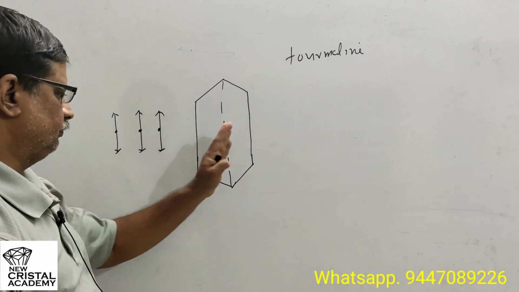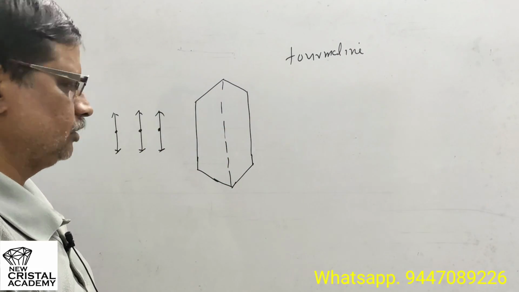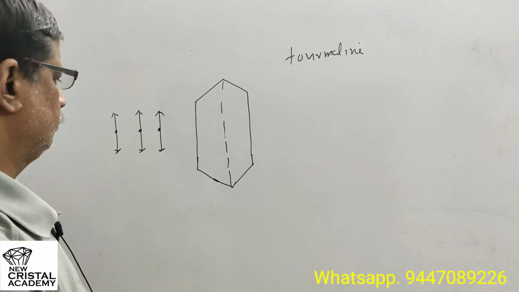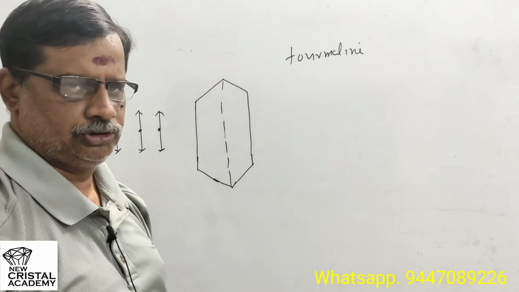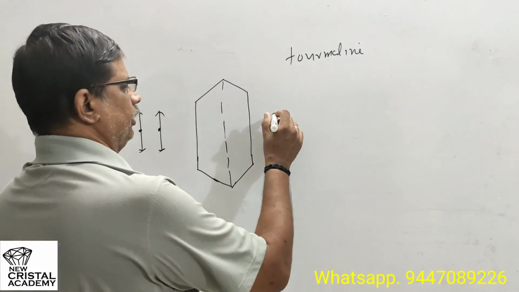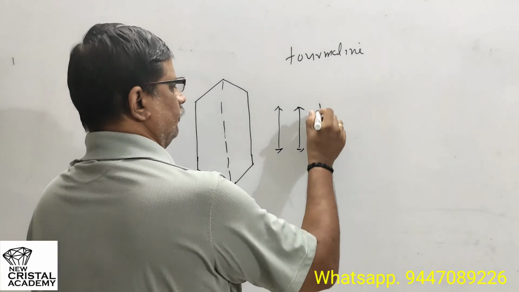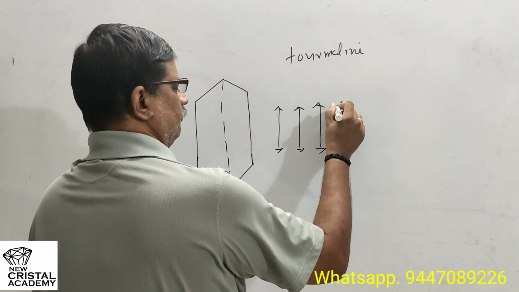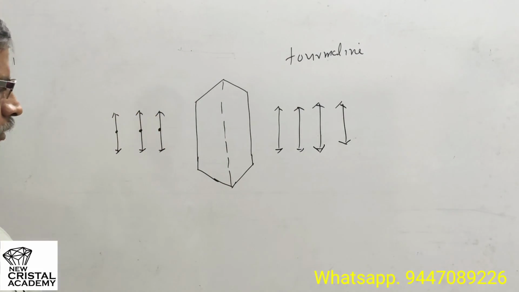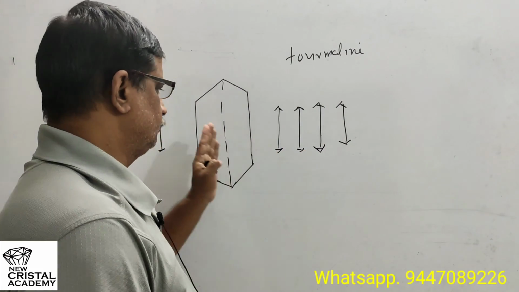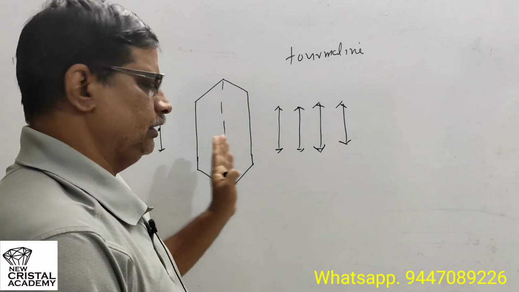When these vibrations pass through this crystal, the crystallographic axis will act like a slit, and it will allow only those vibrations which are parallel to the slit to pass through. So at the other end, you get light in which the vibrations of the electric field vector are confined to a single plane, the vibrations which were parallel to the crystallographic axis or the optic axis of the crystal.